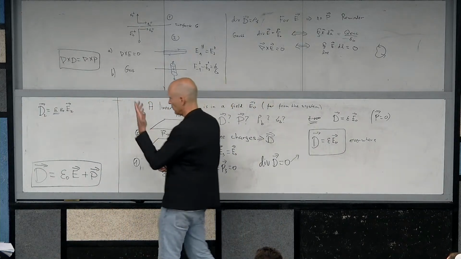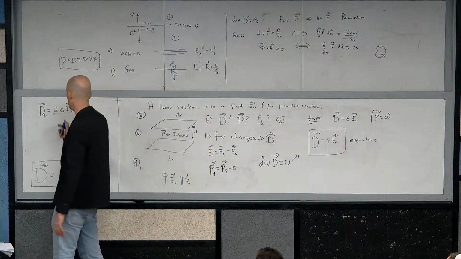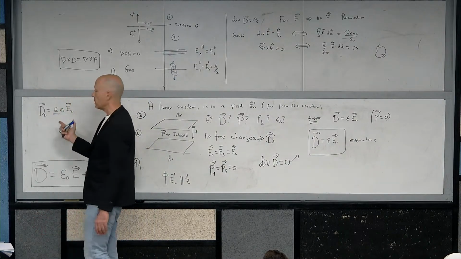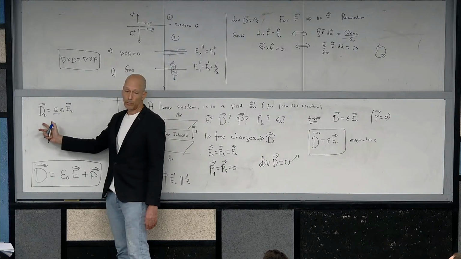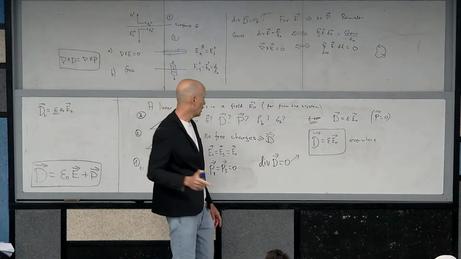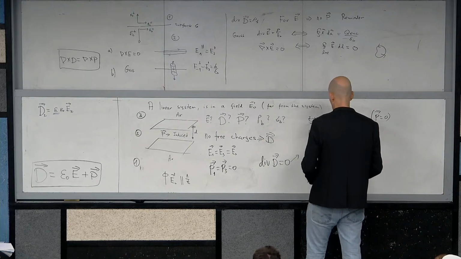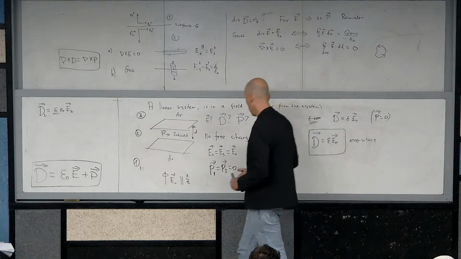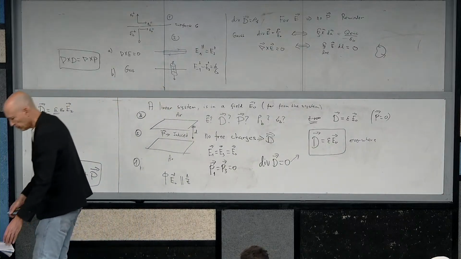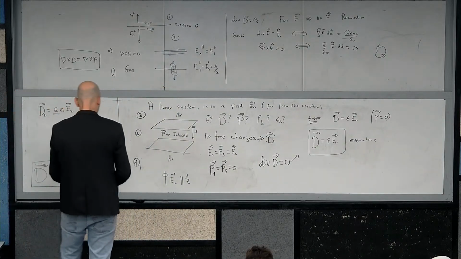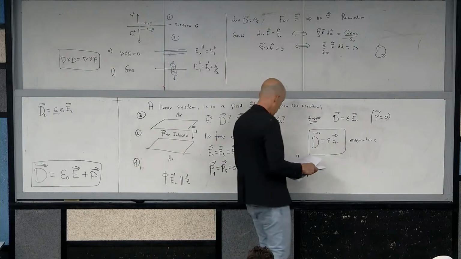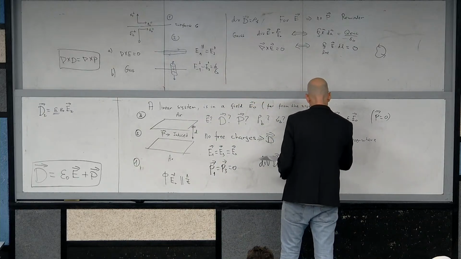Some epsilon, we said 80 for water, for example. Now, what do I know in these two things? I know D2, because div D is equal to 0, and this D is everywhere. Wait, no, I think I missed something. This is with an epsilon here.